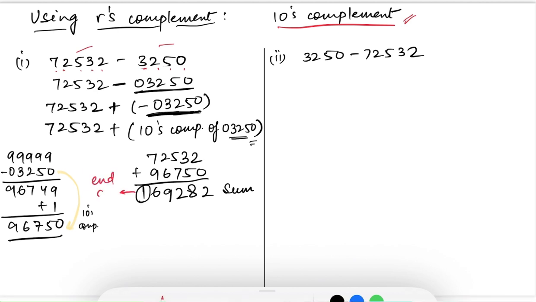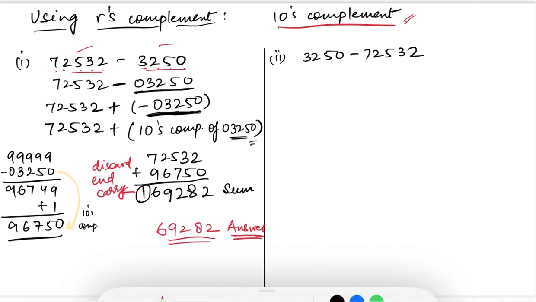This is an end carry. If there is an end carry generated, we need to discard the end carry. So now the final answer will be 69282. You can check it. Subtract these two numbers, you will get this answer.